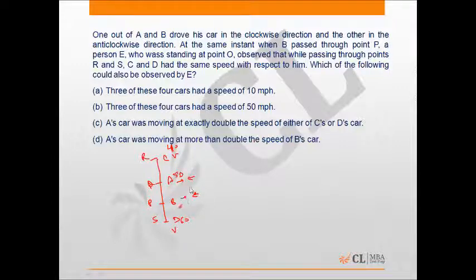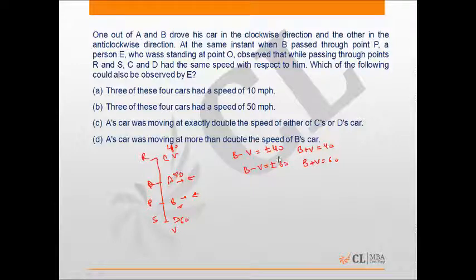So with respect to B, what are the possible cases? You can have B minus V as plus minus 40, or B plus V as 40, depending on the direction of C or D, right? And similarly you can have B minus V as plus minus 60 or B plus V as 60.